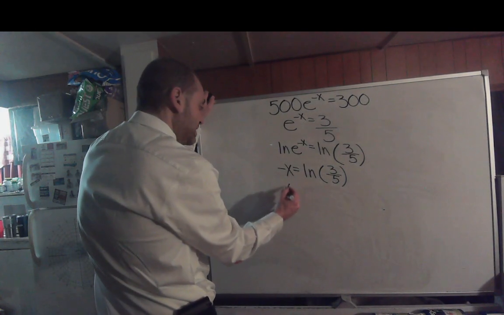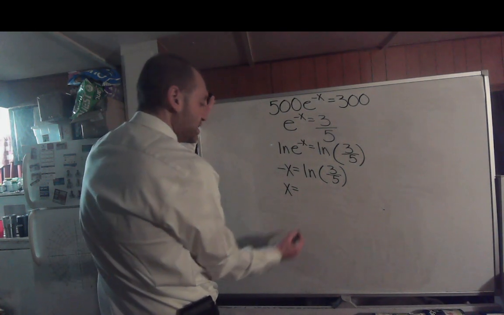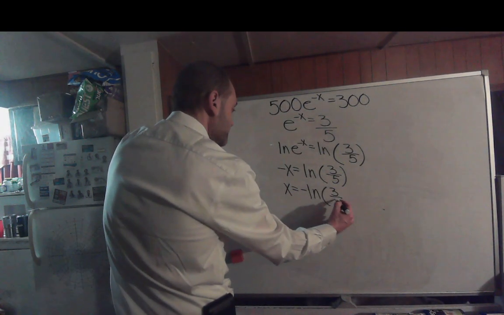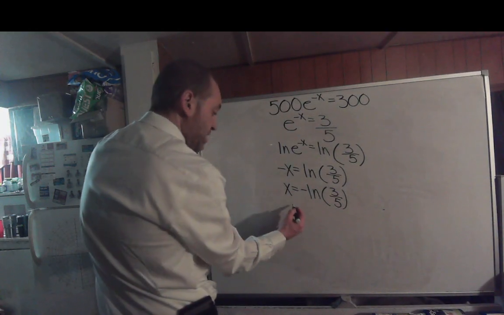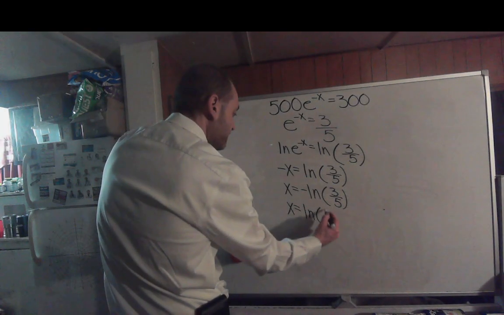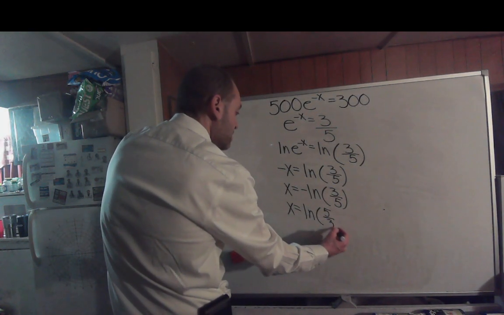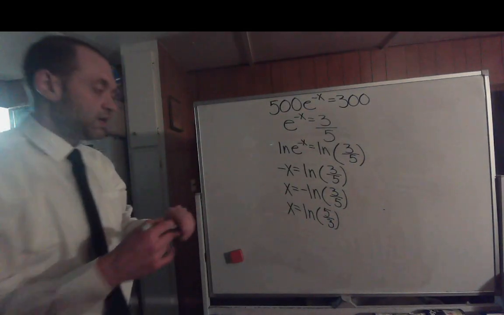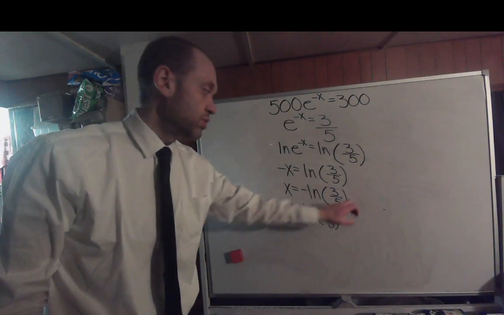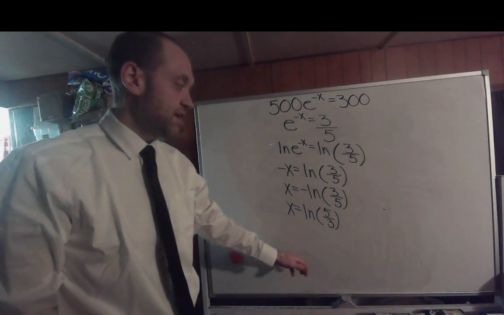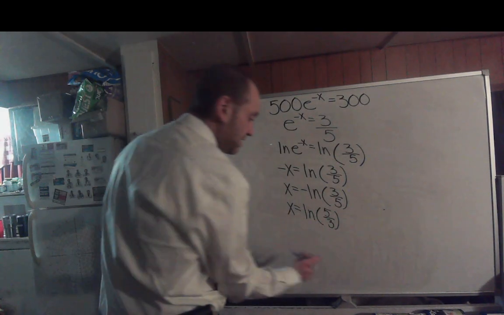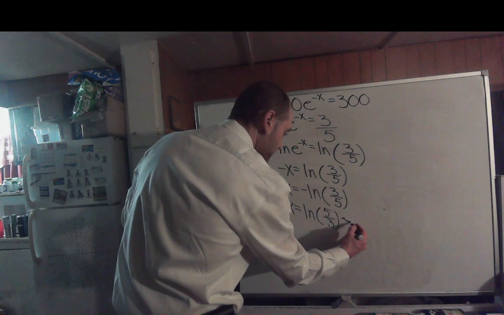which would have to mean then that x equals negative of the natural log of 3/5, which actually means this would be the same as the natural log of 5/3, because that -1 on the natural log becomes a power rule, and 3/5 to the -1st is 5/3. So x would equal exactly the natural log of 5/3.